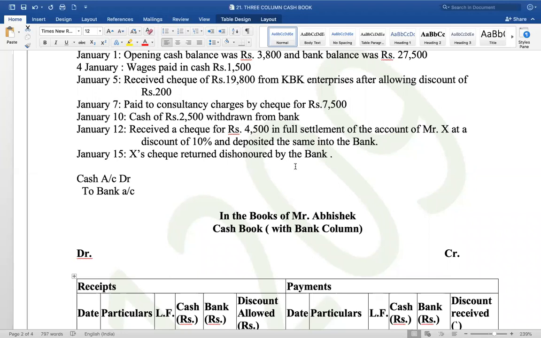The literal meaning is slightly different: disgrace. But here, dishonor means refusal to pay on the check presented at the cash counter of the bank. When they refuse to pay, that itself is called dishonor.